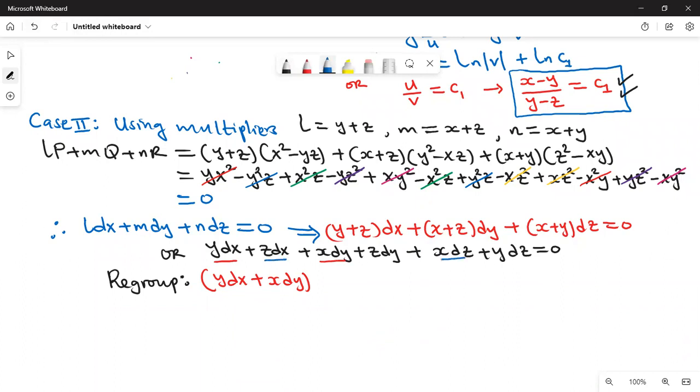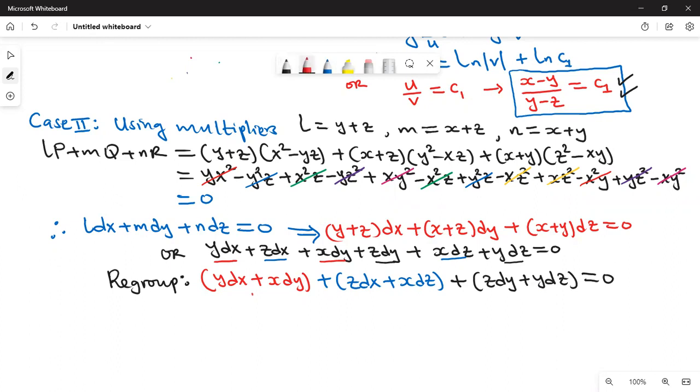I can see this x dz, so I'm going to add z dx plus x dz. And the last group is z dy and y dz. So plus z dy, then plus, excuse me, y dz. That should give us 0.